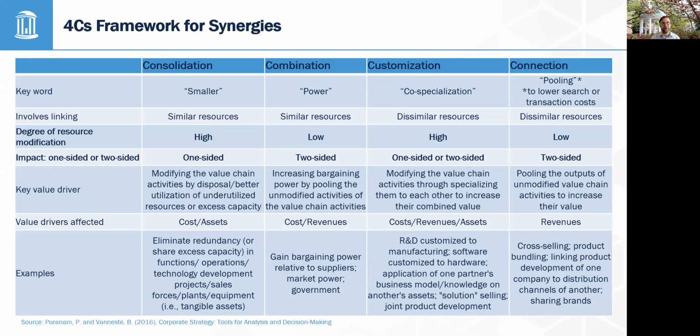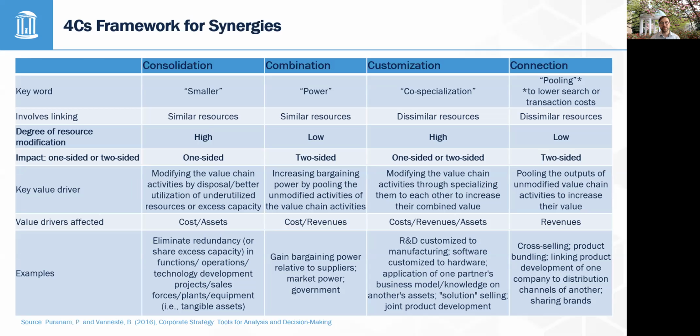One thing that you'll notice is that a lot of the one-sided synergies tend to involve high resource modification. So in that sense, the cost is coming from the need to modify the resources, but often the benefits might be realized in a different product or business unit, which realizes greater value from that investment.